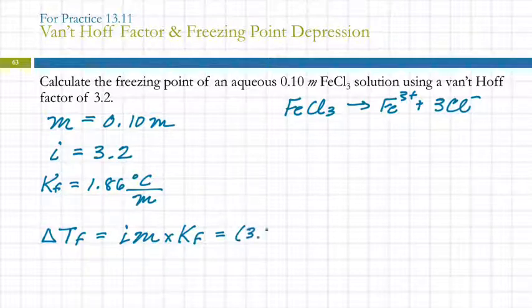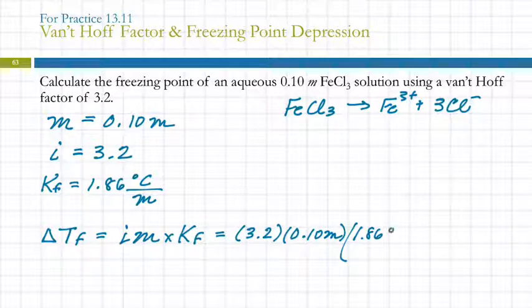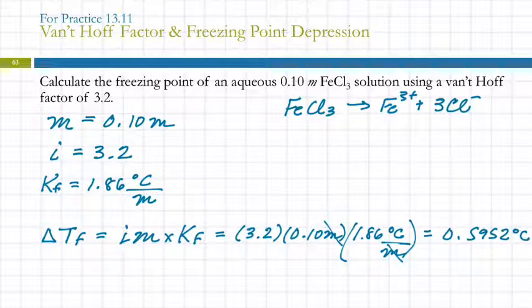So the Van Hoff factor of 3.2 times the molality of 0.1 molal times the 1.86 degrees Celsius per molal. Molals again cancel out. 3.2 times 0.1 times 1.86. So the change is 0.5952 degrees Celsius.